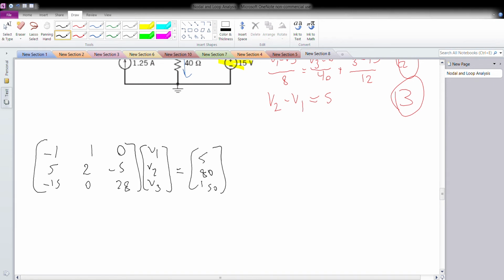And then if you solve for V1, V2, V3, then V1, V2, V3 is going to be equal to 22.4, 27.4, and 17.4.